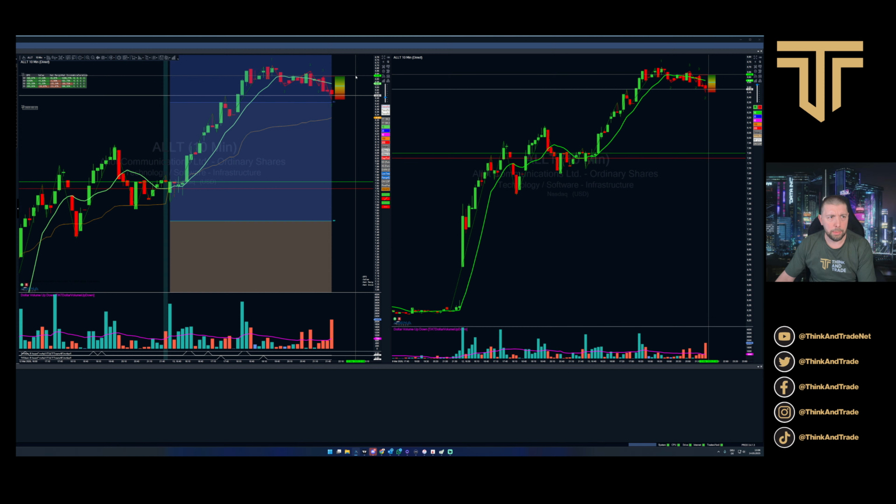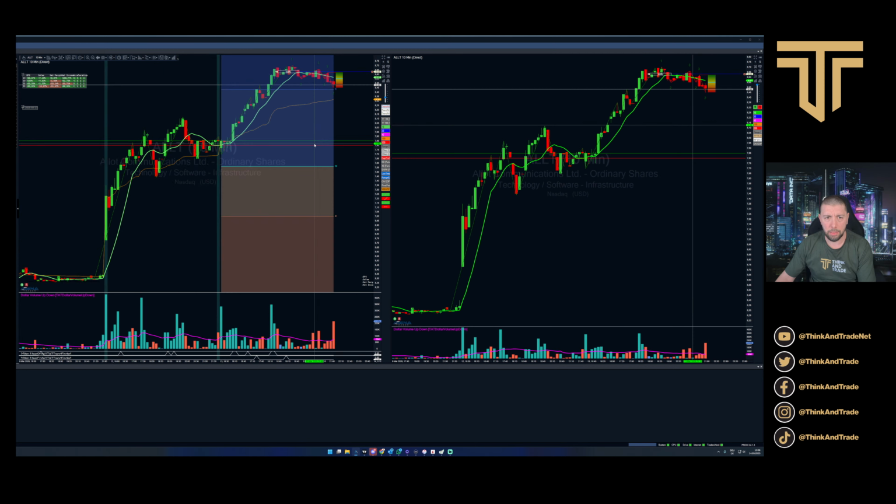So I'm interested in this long play when the price is above this level. It's already significantly below it, so it's going to open way down there. So I don't think we're going to play this today.